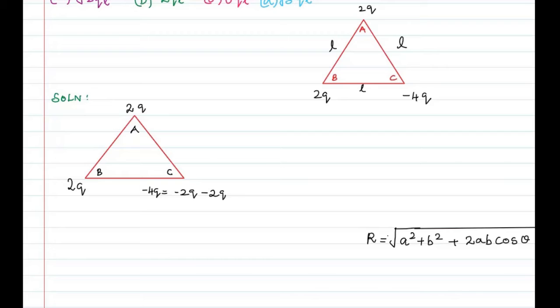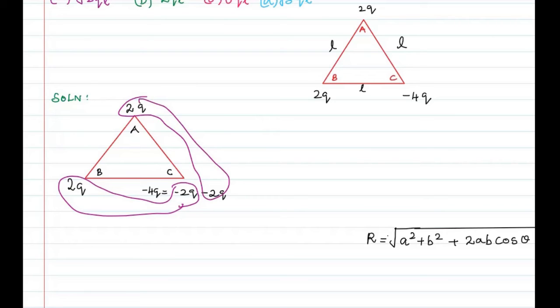This minus 2Q and 2Q form one electric dipole pair, and this forms the second pair. So this is the first pair and this is the second pair.